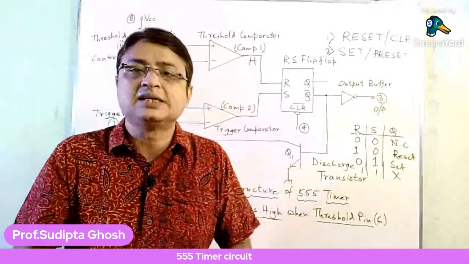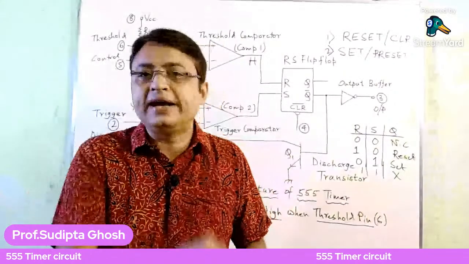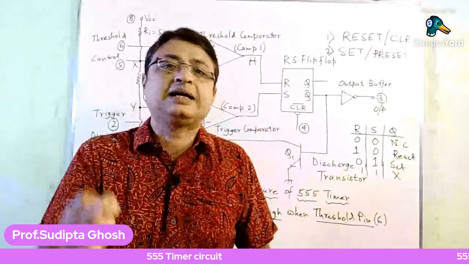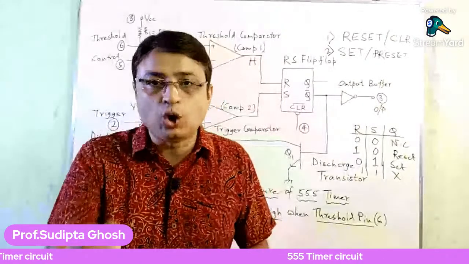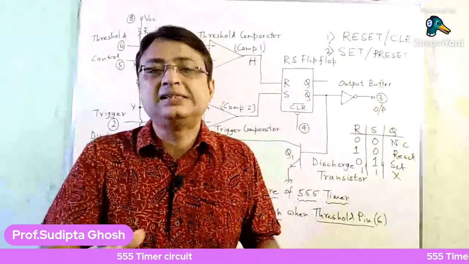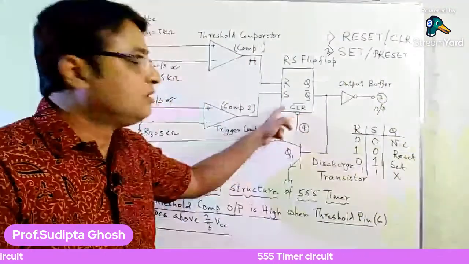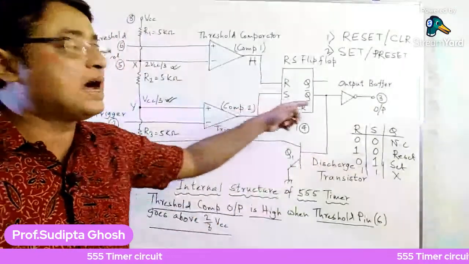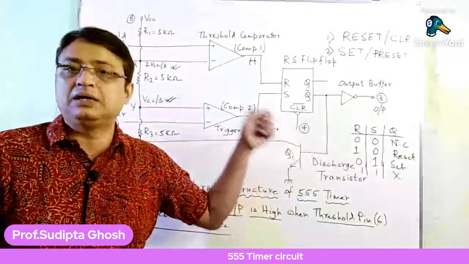Low active enable means that whenever you give a low input to the particular terminal, the IC will be enabled. That means for this clear terminal, since CLR has a bar on it, it is a low active enable terminal.